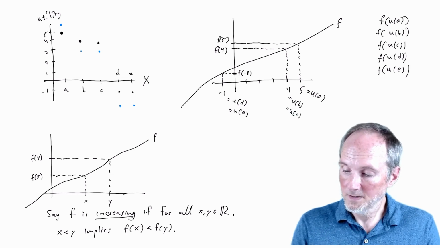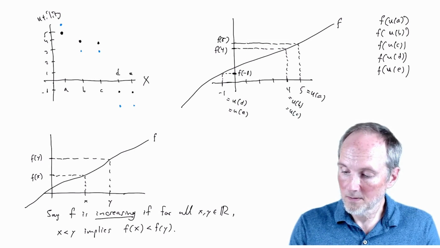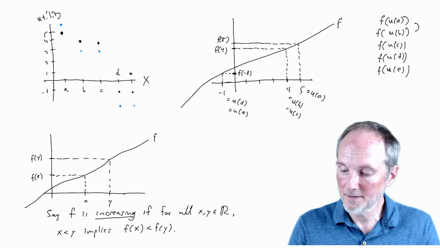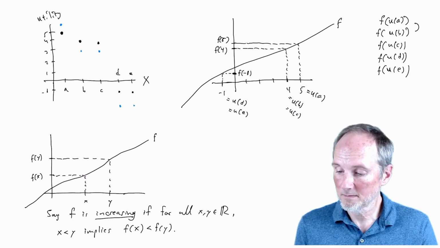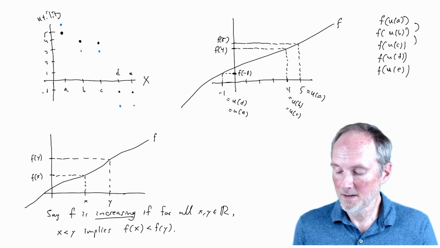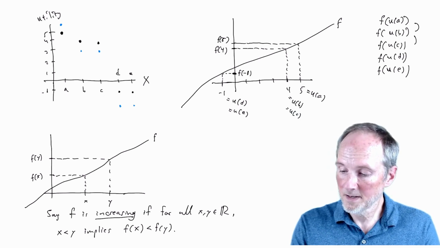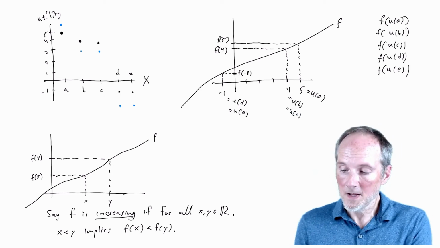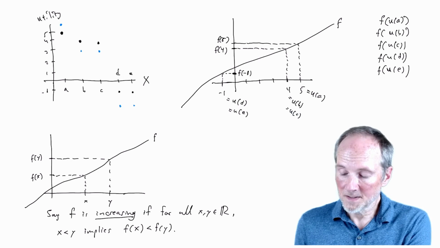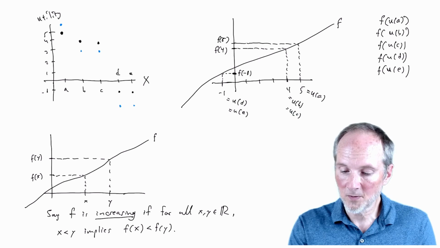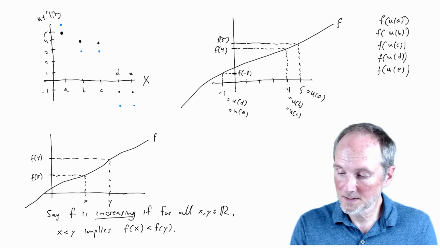So if I take f evaluated at the utility from A, that's going to be bigger than f evaluated at the utility from B. That's going to be the same as f evaluated at the utility from C. Let me actually write that. So what this does is it gives us a different assignment of numbers to the alternatives, but the conditions for a utility representation still hold.